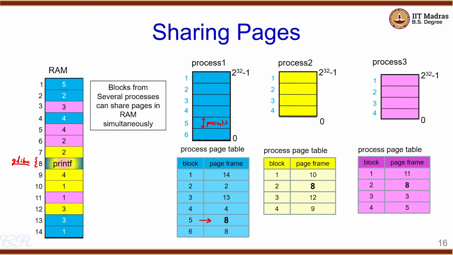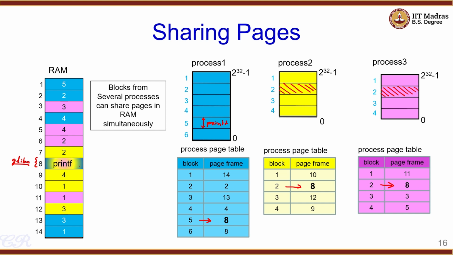So, what does this mean? Similarly, my block 2 over here is mapped to page frame 8 by the process page table and therefore gets mapped to the library. Similarly, in process 3 we have again block 2, mapped to page frame 8, which again corresponds to the library.